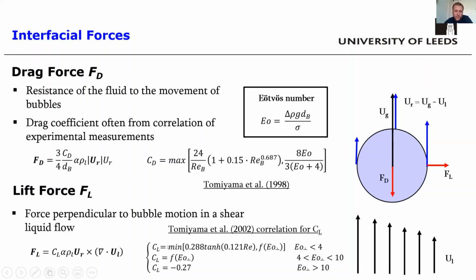The thing to say about this correlation, and about the lift force for bubbles in general, is that this goes from positive for spherical bubbles to negative for very large bubbles that are deformed. So small bubbles are pushed, in this case, to the right towards the direction of larger relative velocity, and larger bubbles will be pushed to the left towards the region of lower relative velocity.